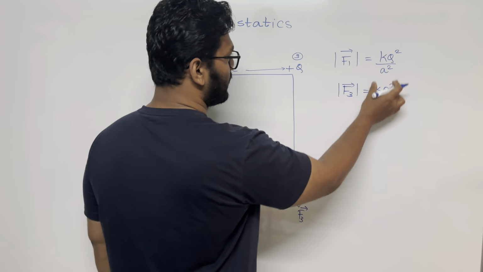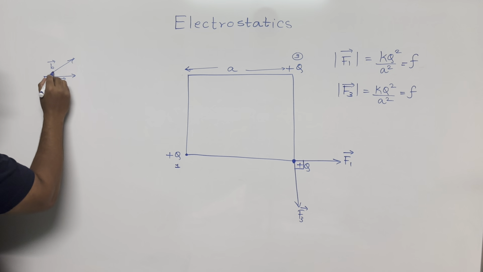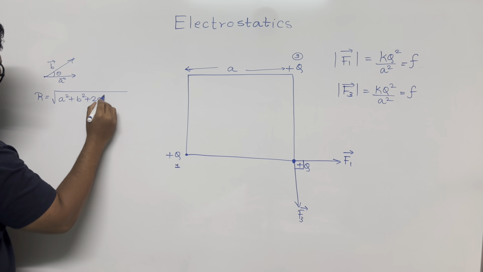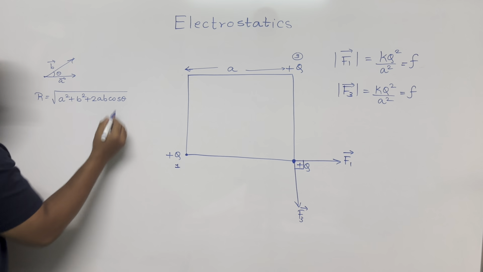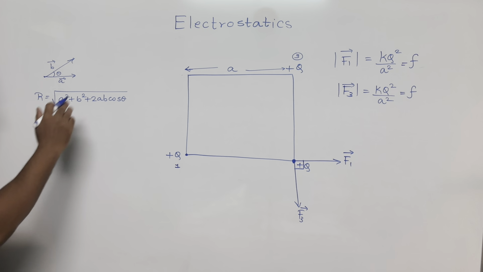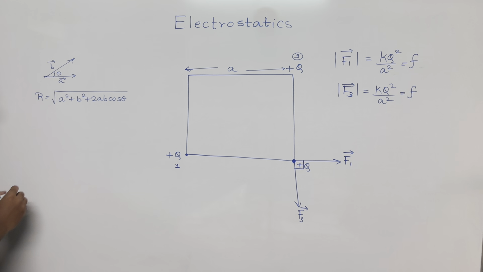If the angle between the two vectors, this is a bar vector, this is b bar vector, and this is angle theta, then the resultant is given by the square root of a square plus b square plus 2ab cos theta. This is the parallelogram law we did in 11th standard. This is the resultant of two vectors inclined at an angle theta.